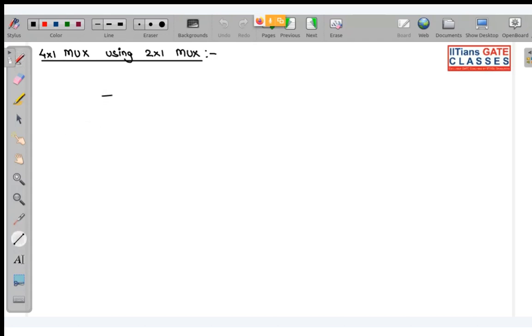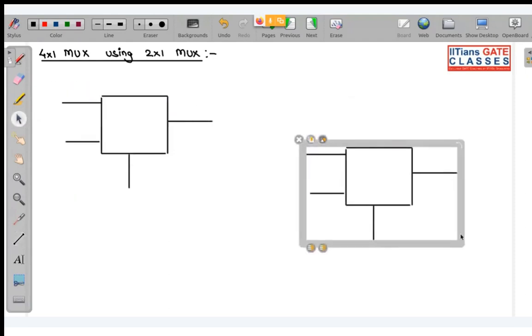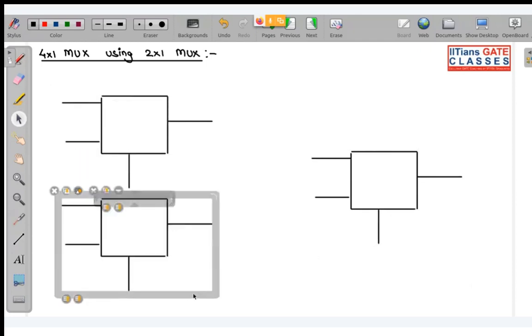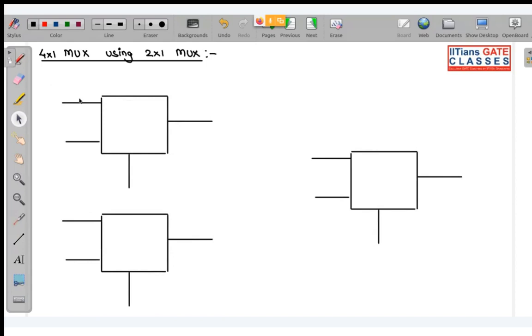So how do we generate it using 2 cross 1 mux? Let me write this as S0 dash, and this is S0.